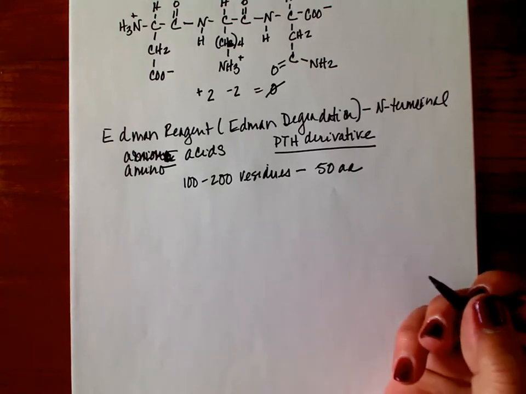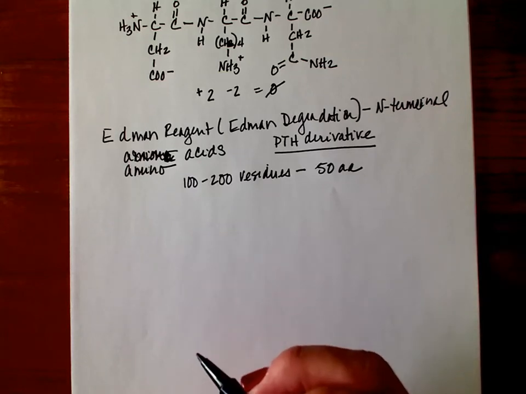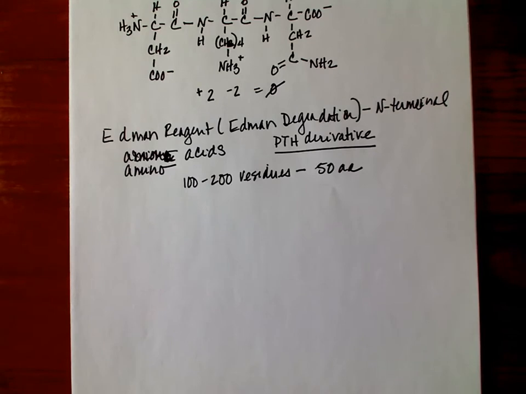I think I mentioned in our weekend class meeting that the efficiency of this method with larger proteins is far less. With a typical protein that is about 2,000 residues long, we might get the first 10 to 20 terminal amino acids identified.